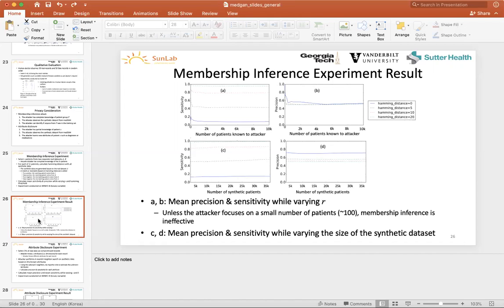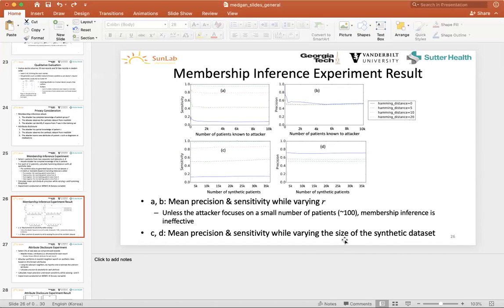The bottom line is it would be very bad for MedGAN if the more synthetic records we generated, the easier it is for the attacker to do membership inference. That would be terrible.